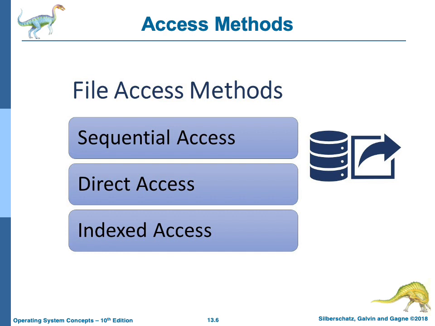For example, we may directly read block 14 and then read block 100 and then write block 0. So there is no specific order when it comes to the access operations with the direct access method. And there are other file access methods in addition to that.